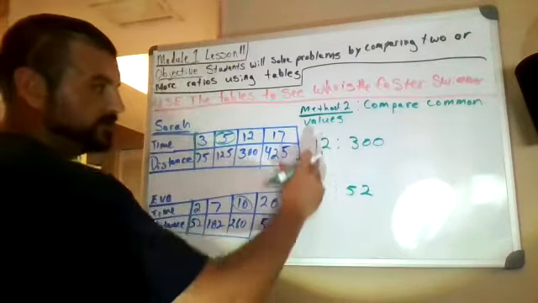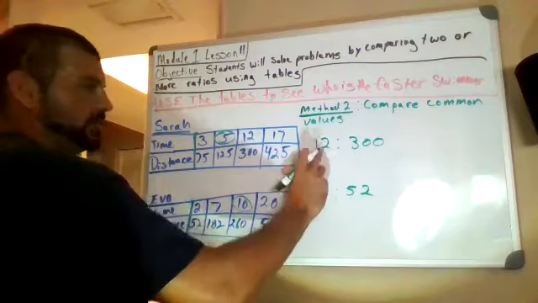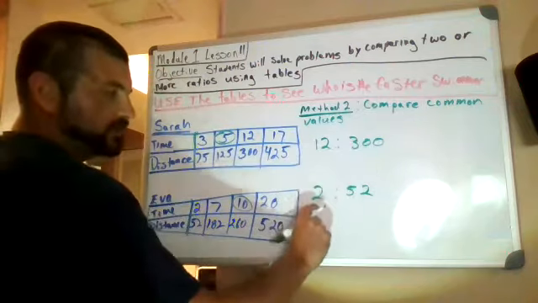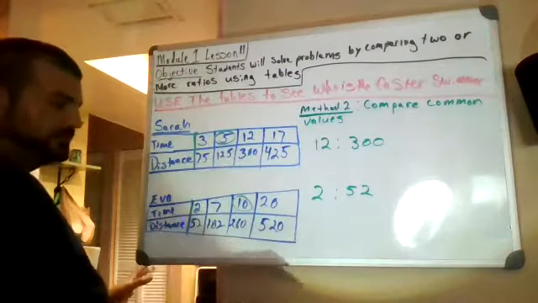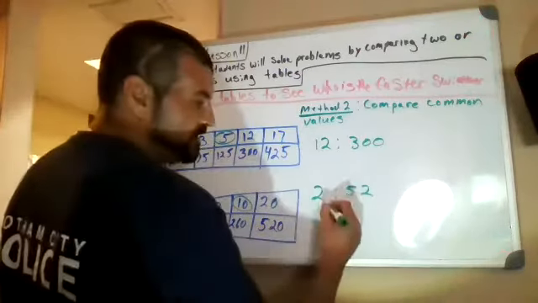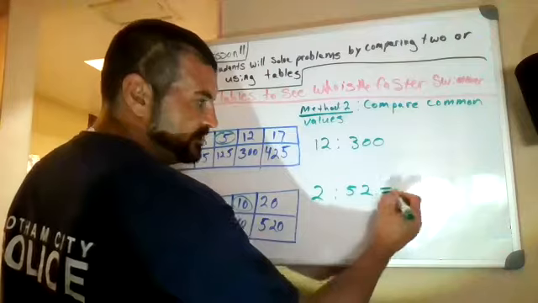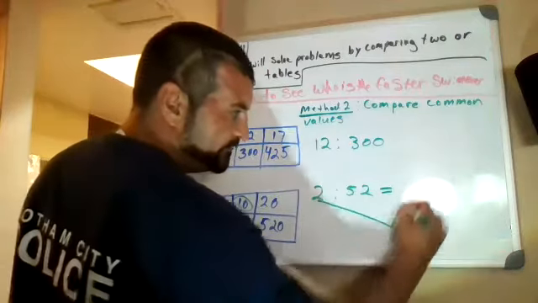Now, I already know the 12 is the highest I got to go. So I got to turn the 2 into a 12 so I can make the time the same. Let's do that. Watch. So I'm going to do the bridge method to create an equivalent ratio.